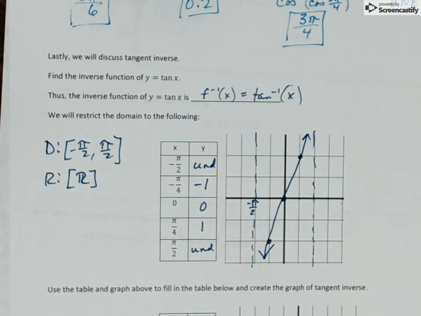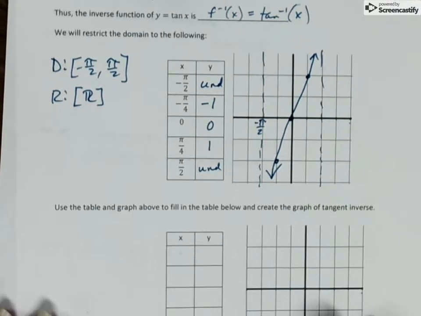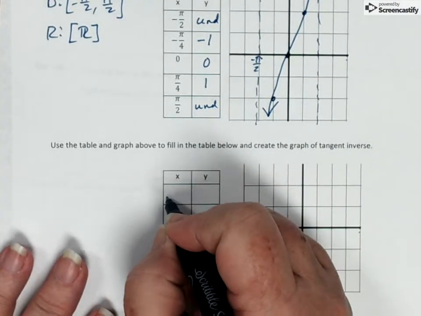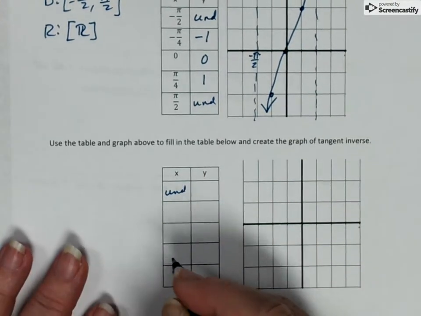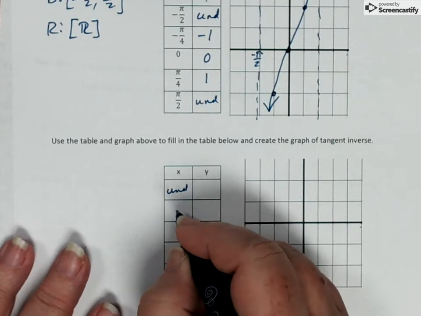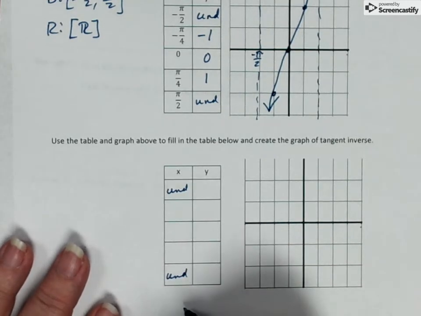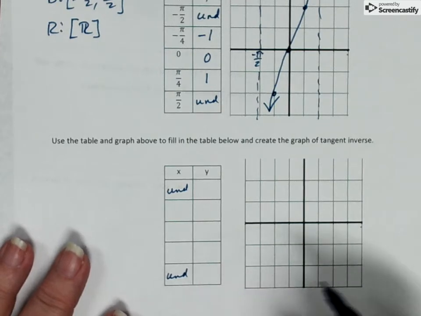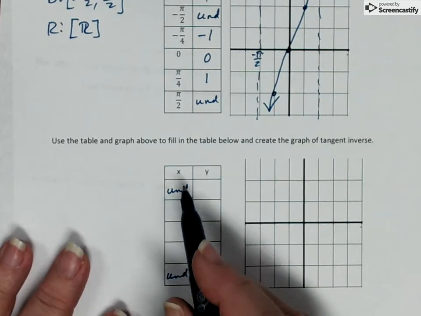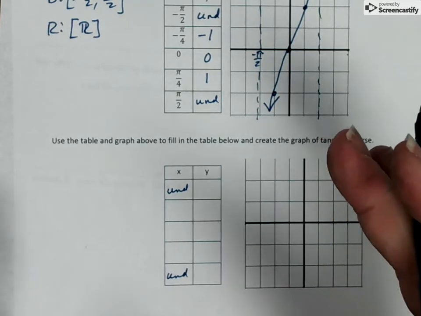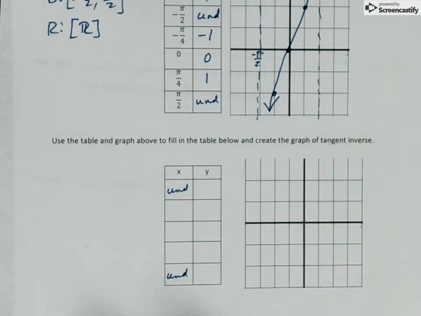Well, when we flip that, it's a little hard to plot undefined, and it's a little hard to plot where that's going to exist. But you have to remember that what it basically boils down to is we are inverting our asymptotes as well.